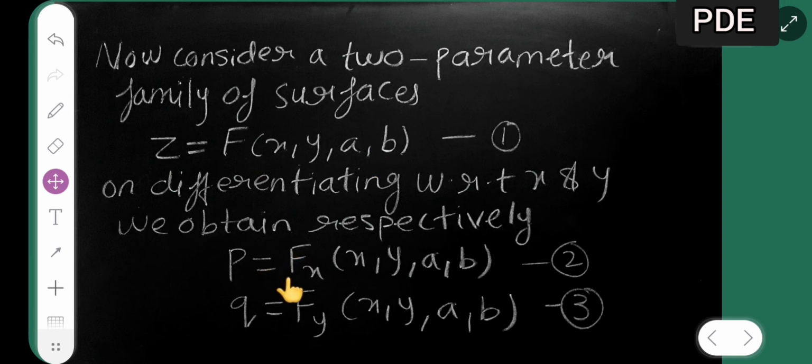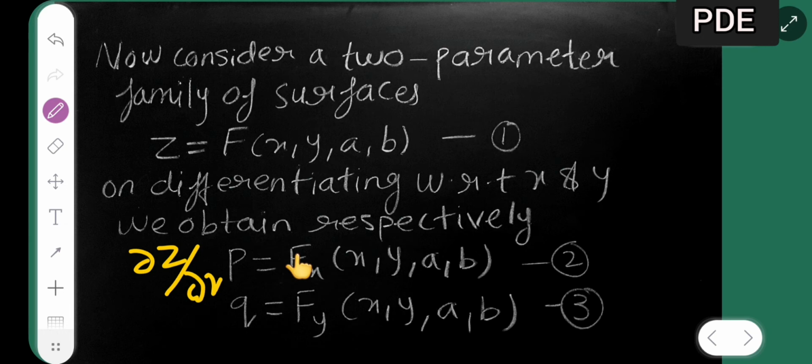Now p is equal to what? First I am differentiating this with respect to x. So what is p? p is nothing but dou z by dou x, and dou z by dou y is equal to q.